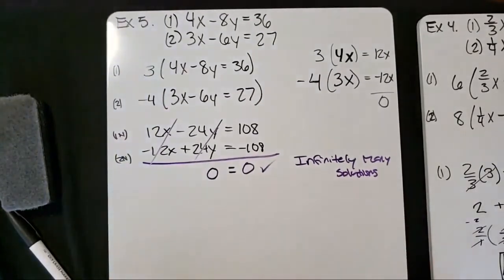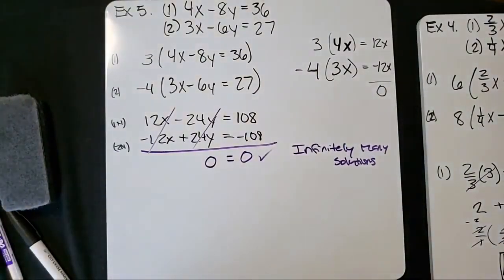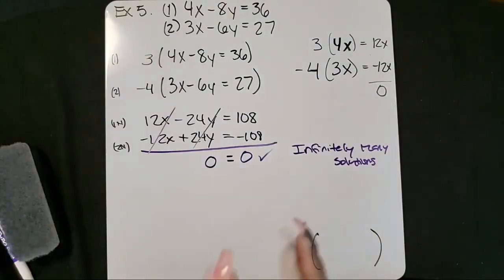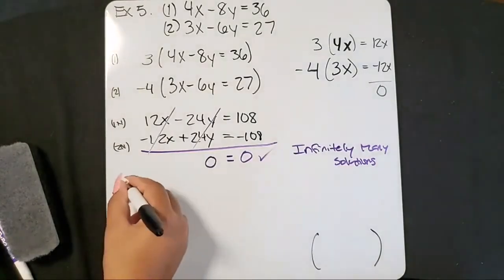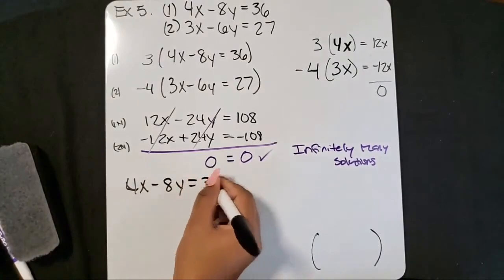Because Weber-Stein wants the ordered pair, let's find the ordered pair for this. What was the first step that I told you guys to find the ordered pair when it's infinitely many solutions? We have to take one of the equations and put it in slope-intercept form. Let's take this equation, 4x minus 8y equals 36.